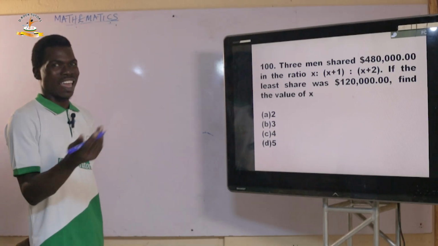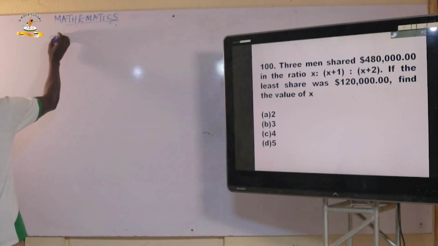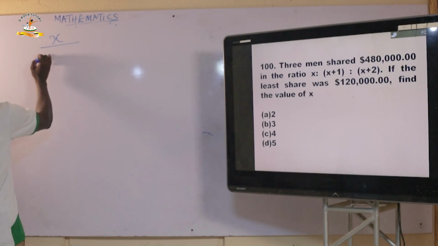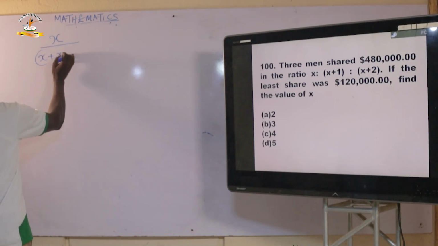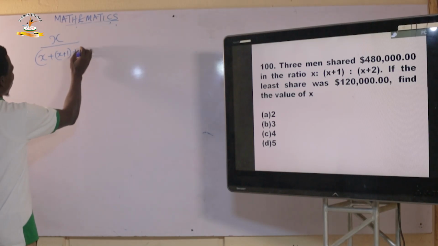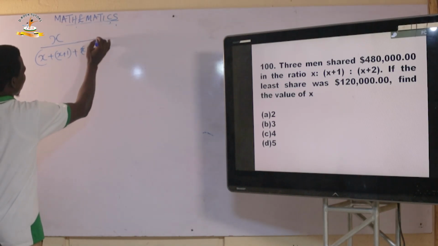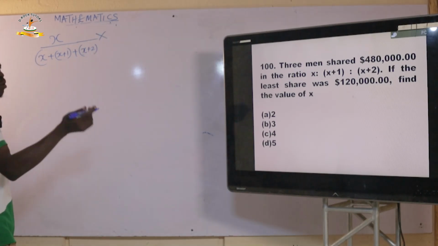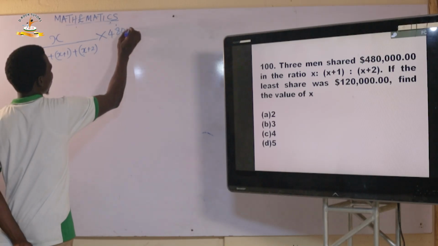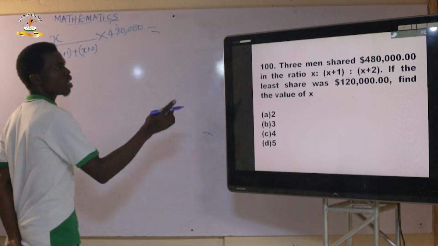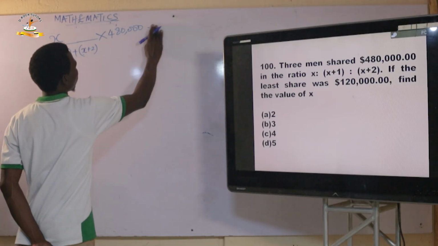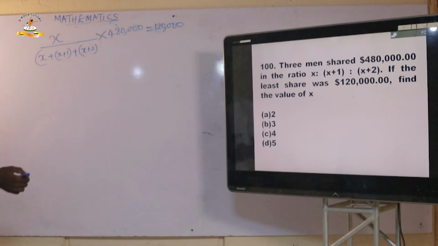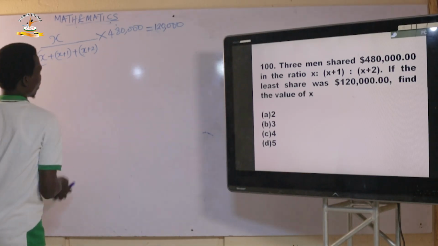Obviously, it is that of x. So x got the least share, x over the total ratio, which is x plus x plus 1 plus x plus 2, multiplied by the total amount to be shared, 480,000, is giving me 120,000. There is a dollar sign here, so I don't need to write it because obviously they are going to cancel.